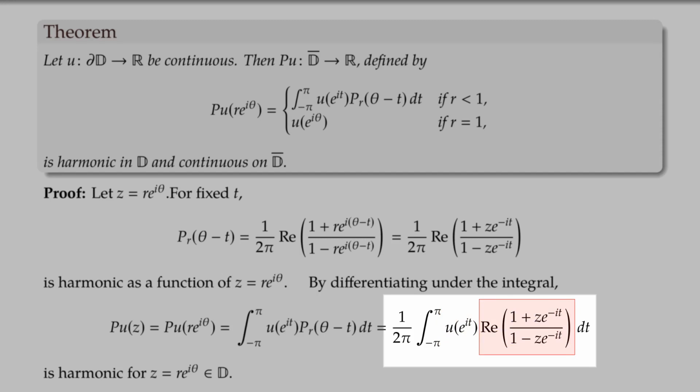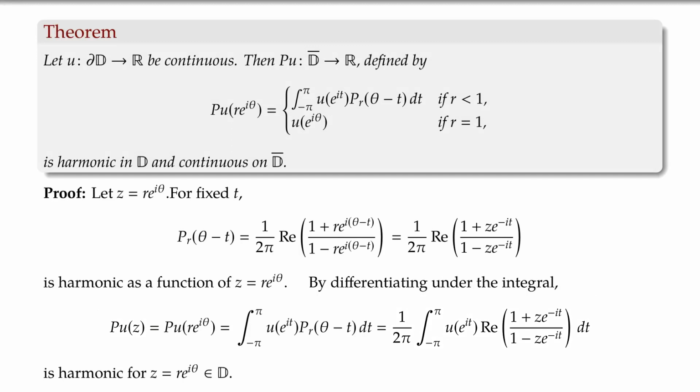By definition, harmonic means that the Laplacian kills this guy. So it must be that the Laplacian of p_u of z is also 0, so p_u of z is harmonic for z in the disk.